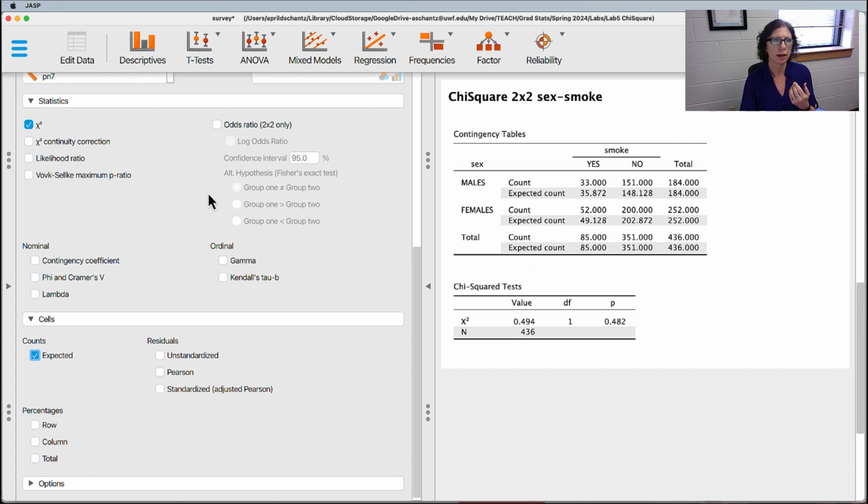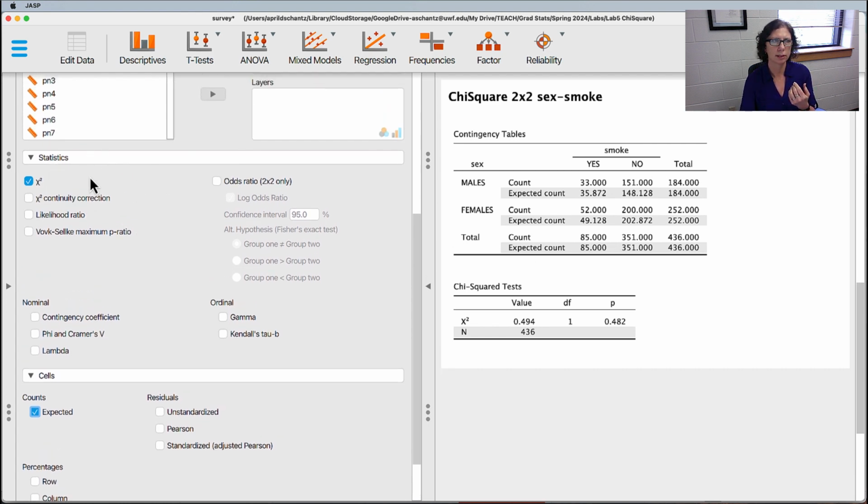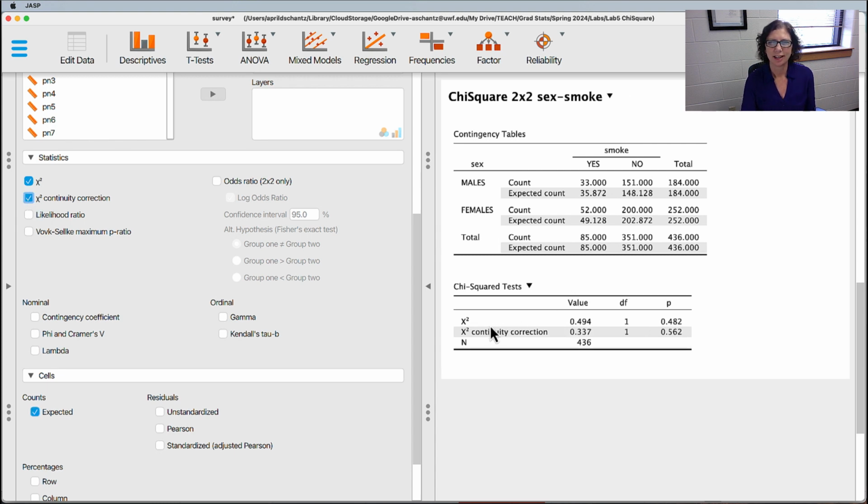And to get that, we want to go up into the statistics part of the panel and get the correction. And now we got a new row on our results. So our chi-square value is going to be 337, degrees of freedom 1, and p-value 0.562.